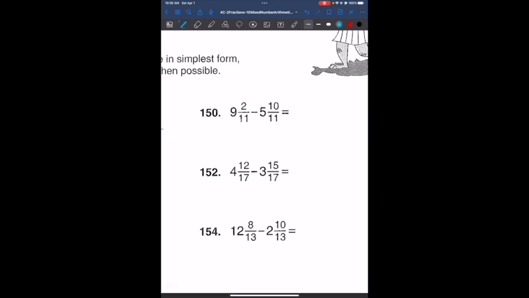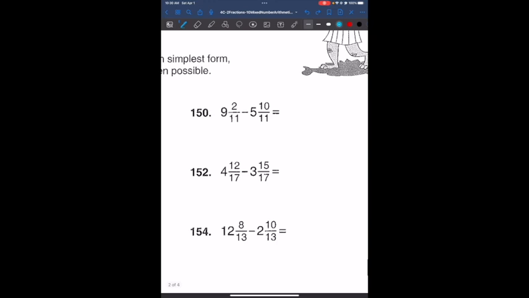And then for question 150, we can count up from the smaller number. So we know that to get to 6, we need to add 1 over 11.